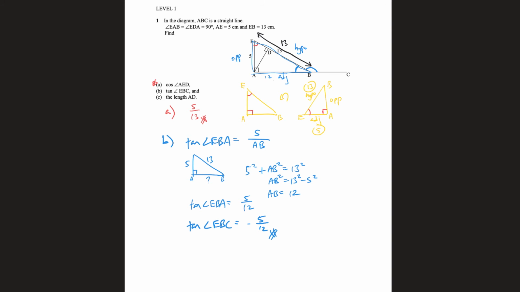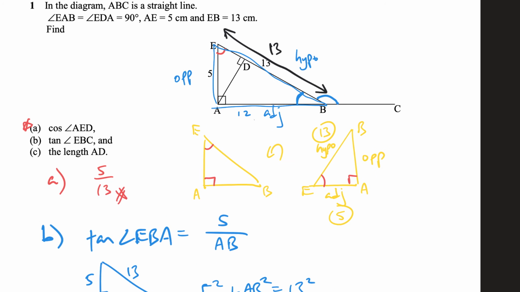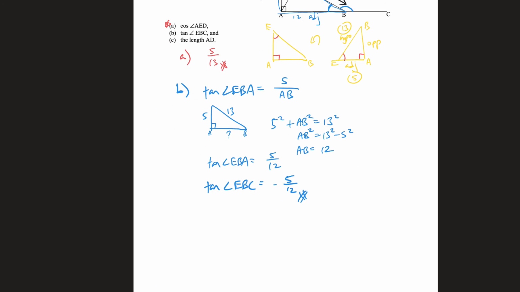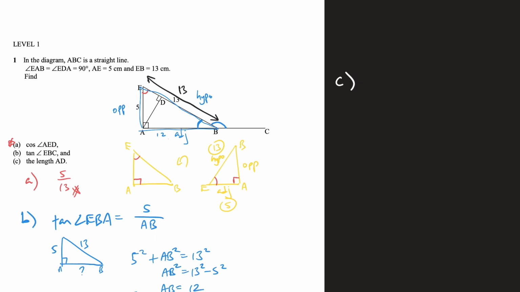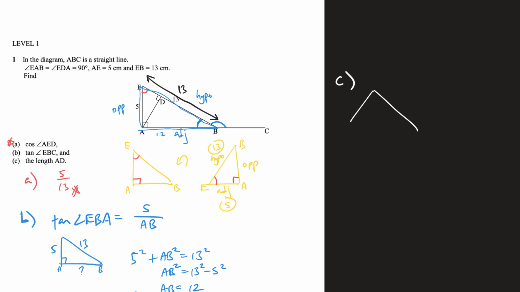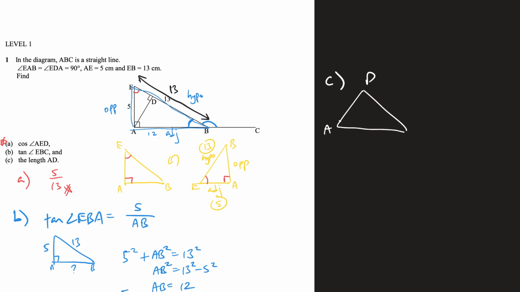Finally, they're asking for the length AD. To do that, I think it's worthwhile to look at this triangle. I'm just going to draw it aside for part C. There, this is A and this is D. Since this is 90 degrees, this must be 90 degrees as well.